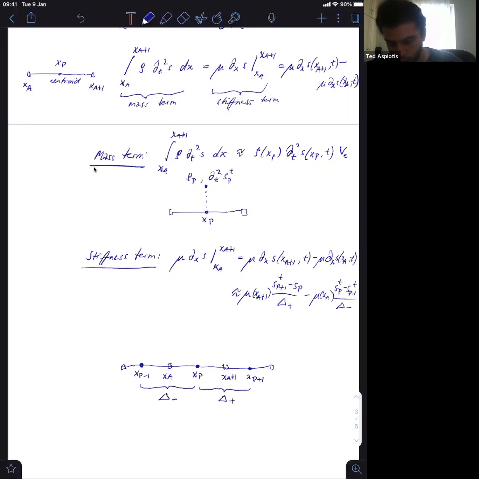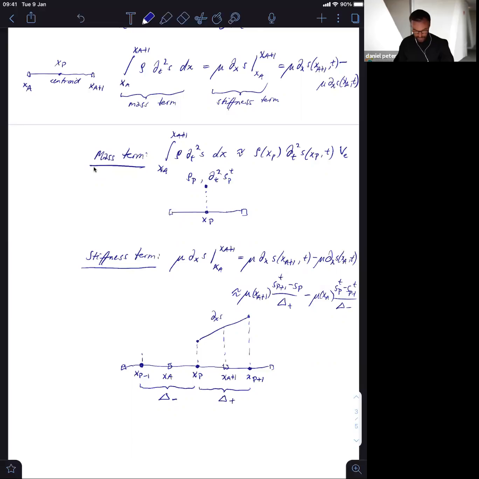And then you see we approximate these derivatives of the displacement, let's say by the central differences. And that gives us these derivatives of S, the displacement, evaluated here at the xa plus 1 position. And the same on the other side, where we have the derivative of S evaluated at position xa.